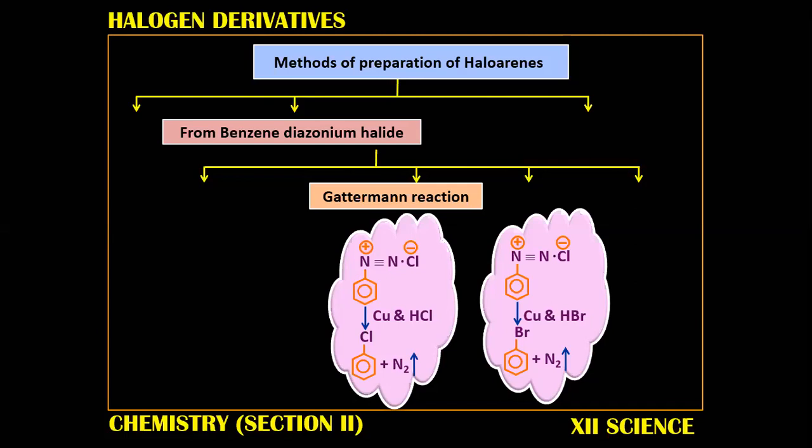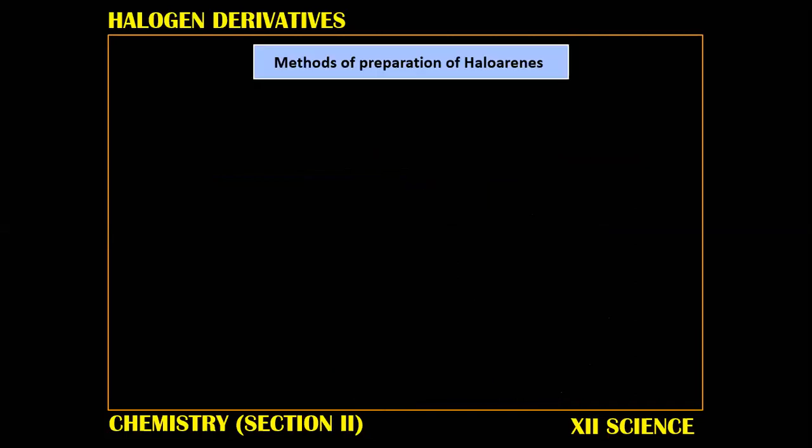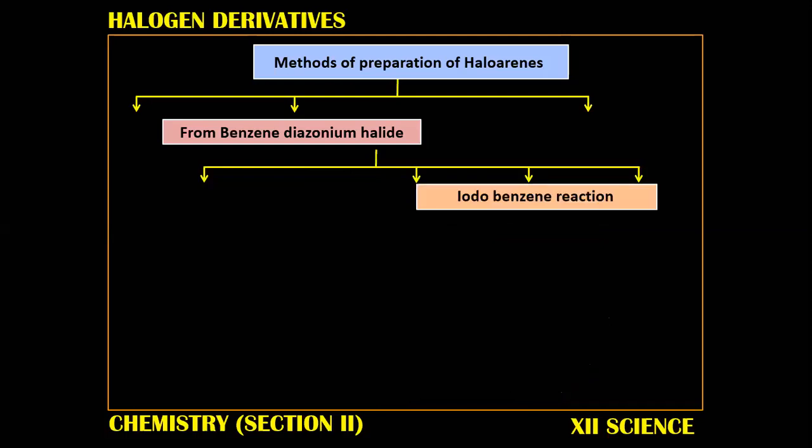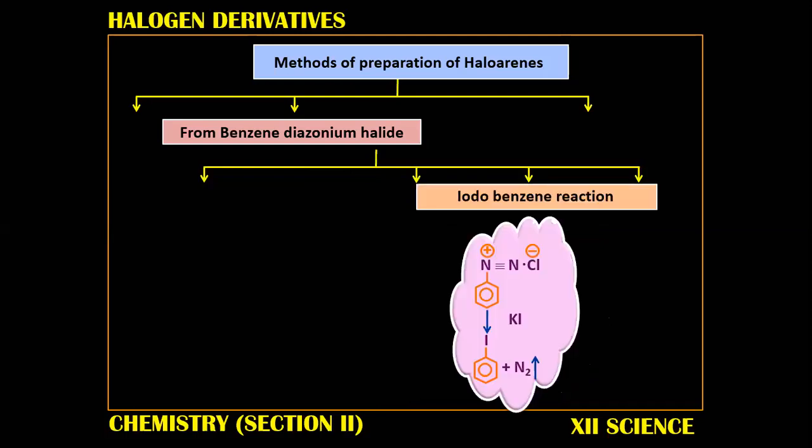Now we'll prepare iodobenzene. For preparing iodobenzene, we have to use benzene diazonium chloride and react with potassium iodide, KI. When you react with potassium iodide, we get iodobenzene and nitrogen gas. Along with that, if you want, you can write KCl also.